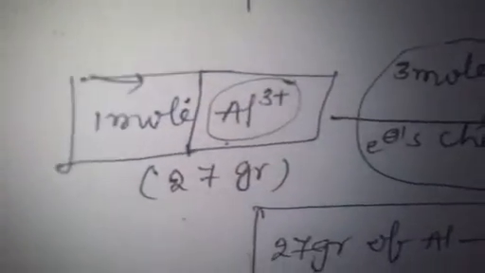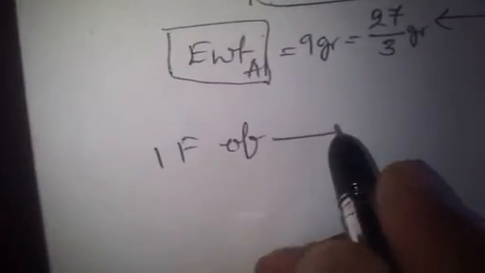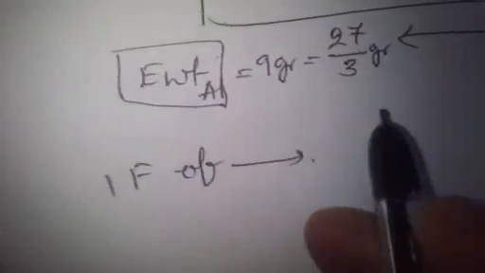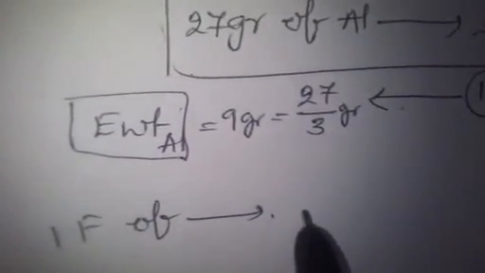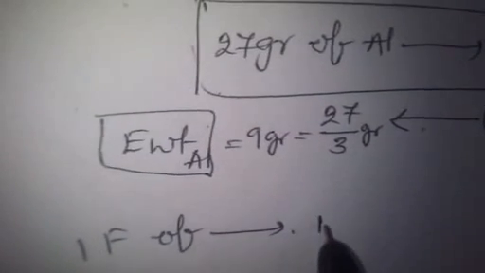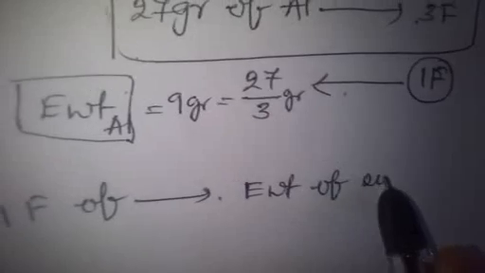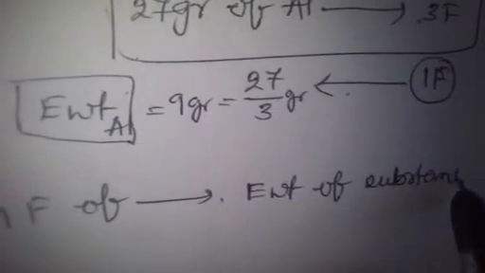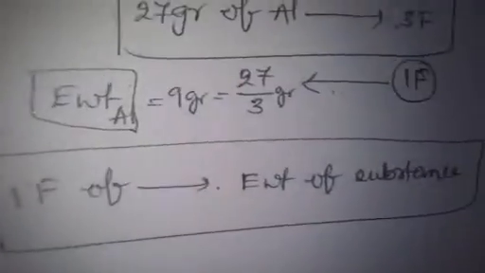So finally we can say 1 Faraday of electricity always discharges 1 equivalent weight of a substance. Is it clear?